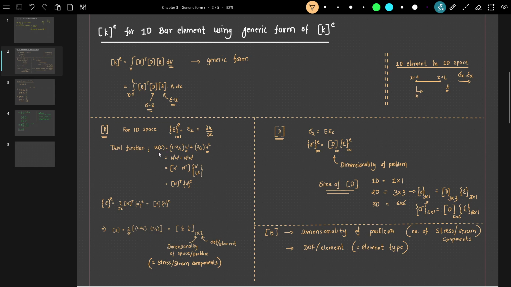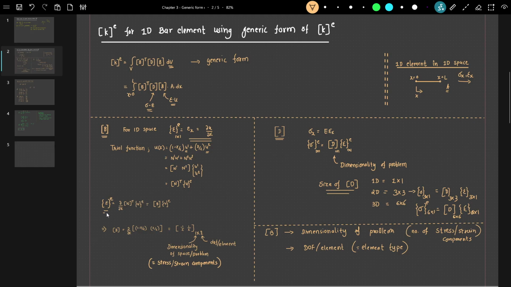Now let's substitute this u in our strain function here. So epsilon e is equal to dou by dou x, N transpose u e. So we know the strain displacement; we want to find B. So B is a strain displacement relation.